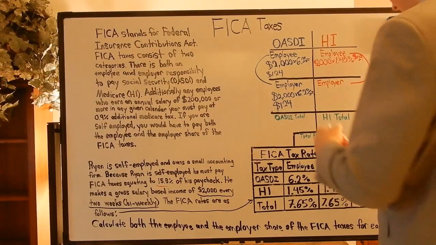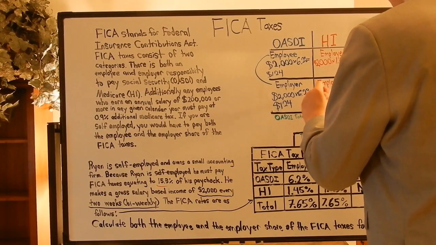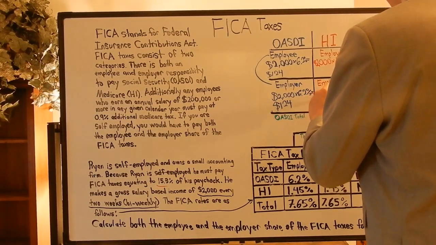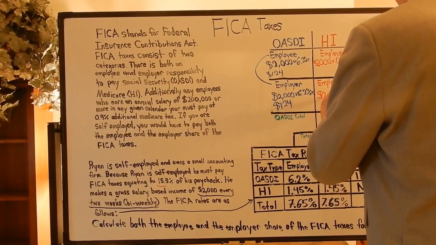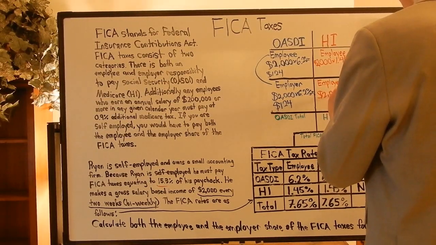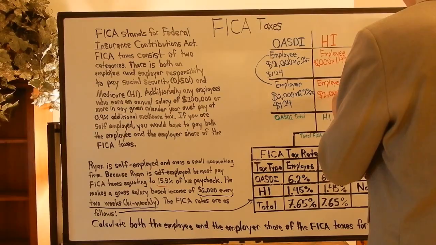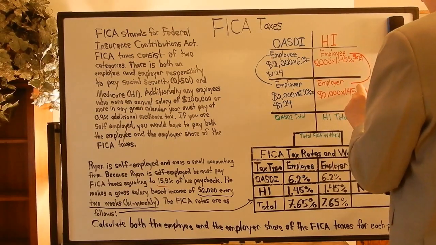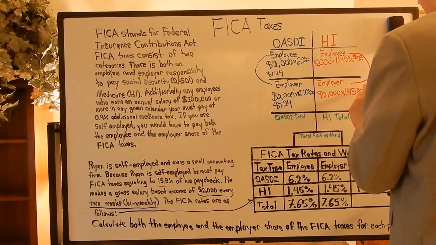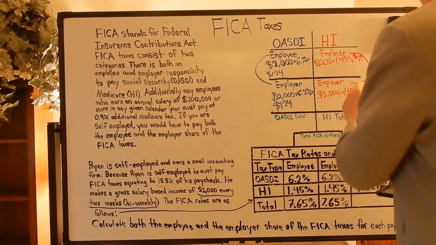Then you do the same here for the employer share: 2,000 times 1.45%, and you get $29.